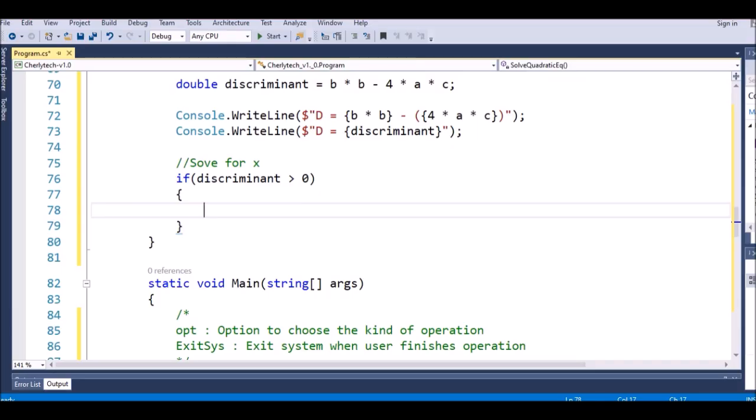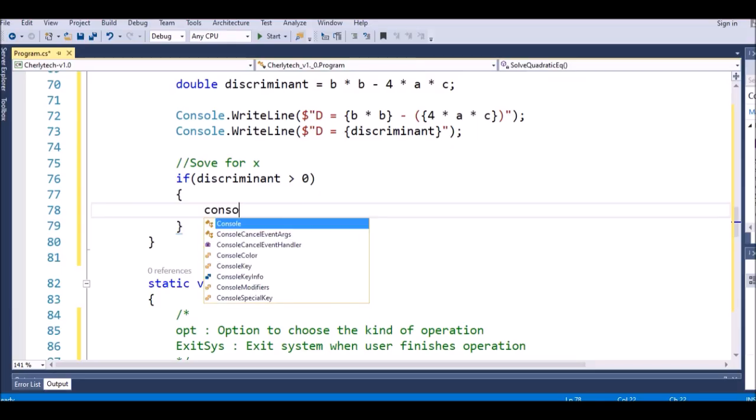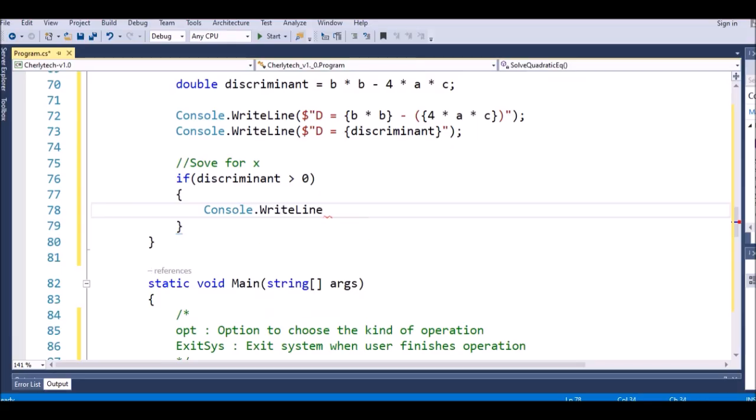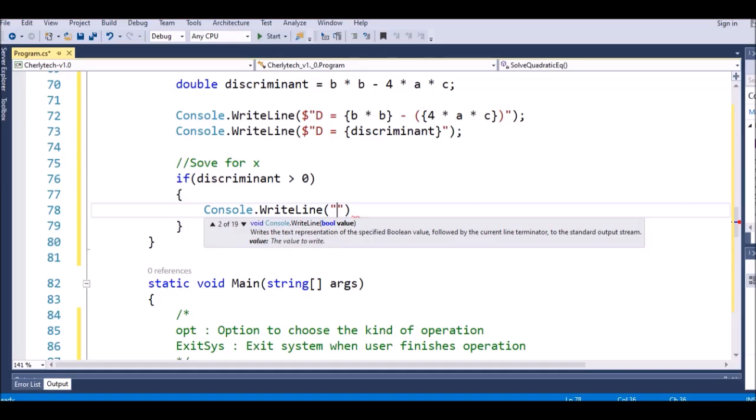So we say console dot write and in here we say since discriminant is greater than 0, right?